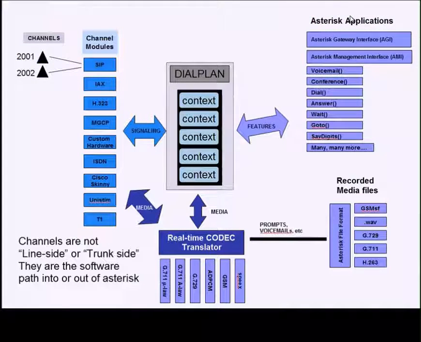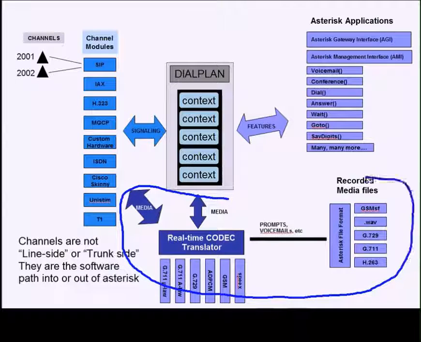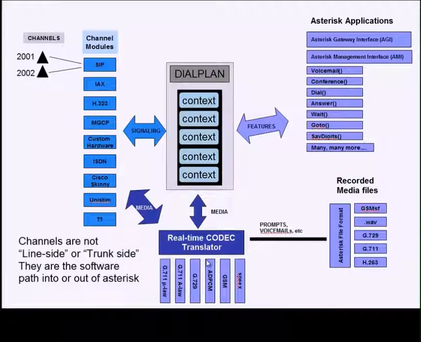So the discussion of Asterisk applications, which would be internal to the box, we'll leave that for another time. Another thing for another time would be the discussion of the media. So if we are going to play back pre-recorded WAV files or GSM files, or if we're going to do real-time conversion, where, by the way, you notice some of these codecs like G729 here are not free.